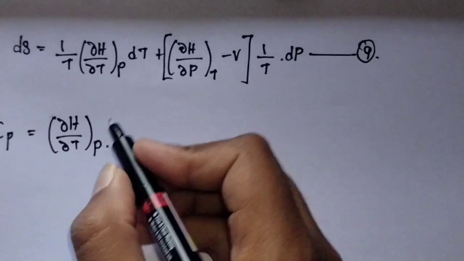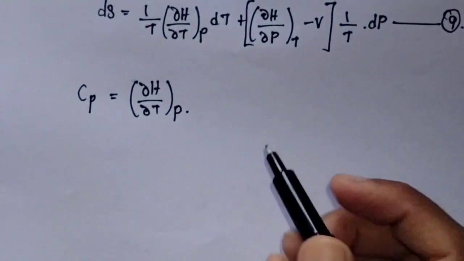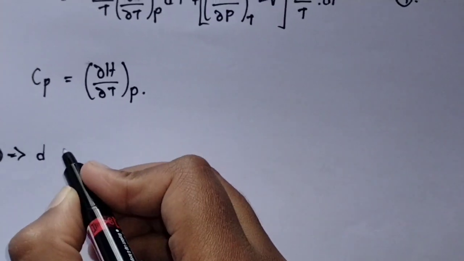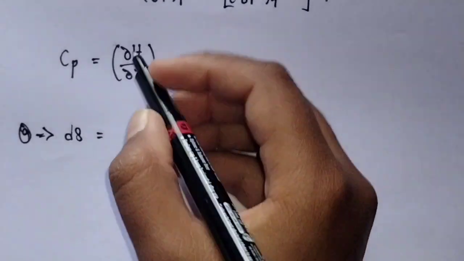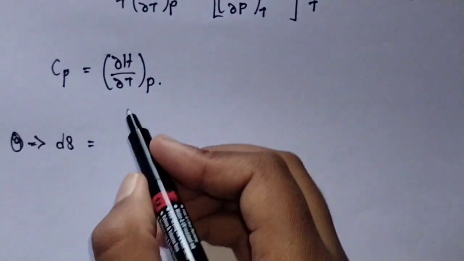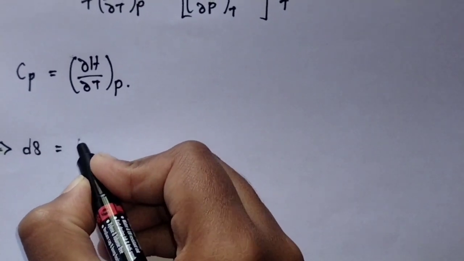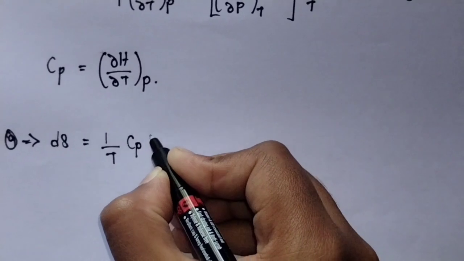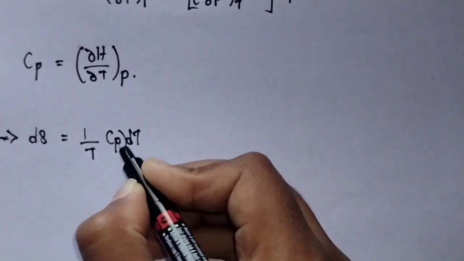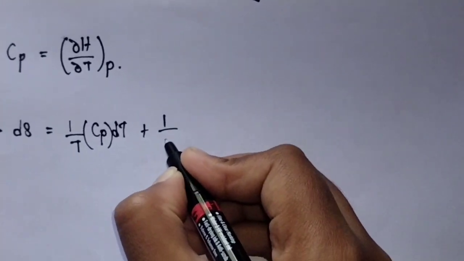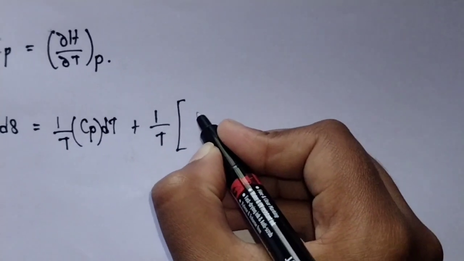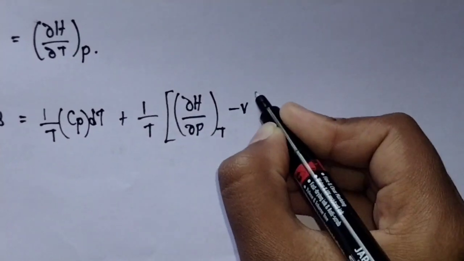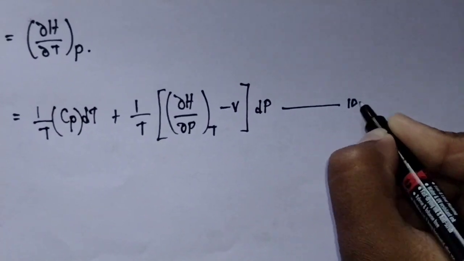So, while substituting this in the ninth equation, we get dS is equal to, substituting the value of Cp here, 1 by T times Cp times dT plus 1 by T times [(∂H/∂P) at constant temperature minus V] times dP. Take this as equation number 10.